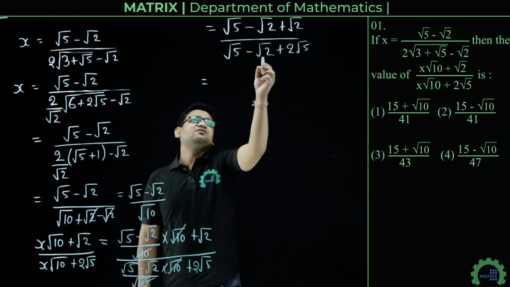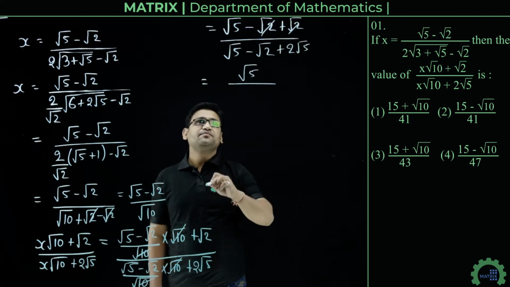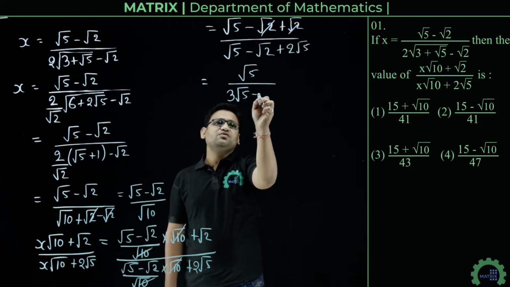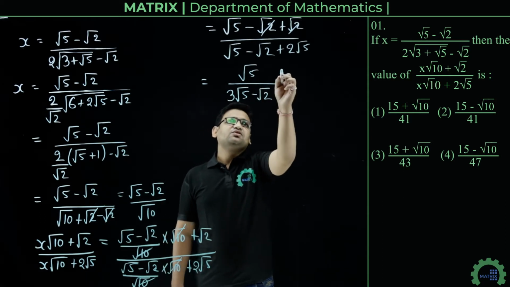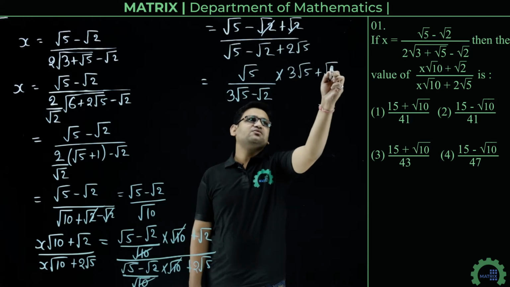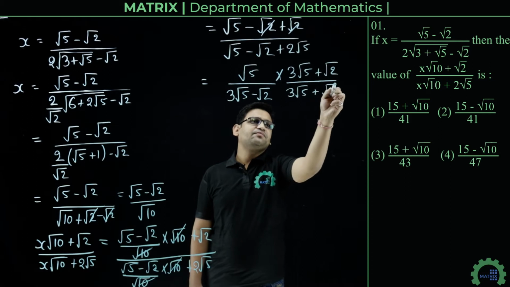So this can be written as root 5 divided by 3 root 5 minus root 2. Again we can rationalize this number. So to rationalize this number, we will multiply and divide this number by 3 root 5 plus root 2. So again 3 root 5 plus root 2.